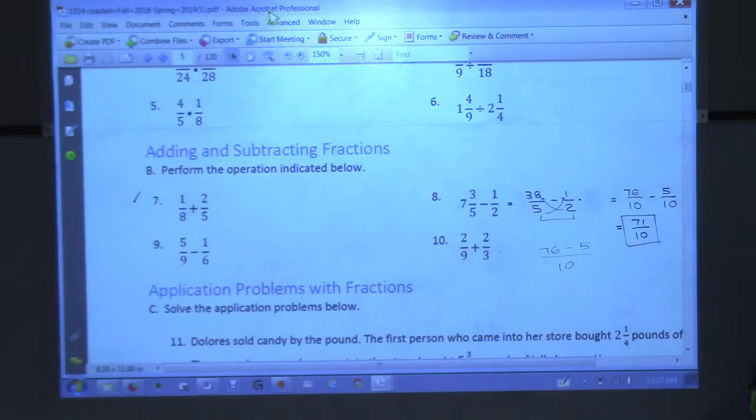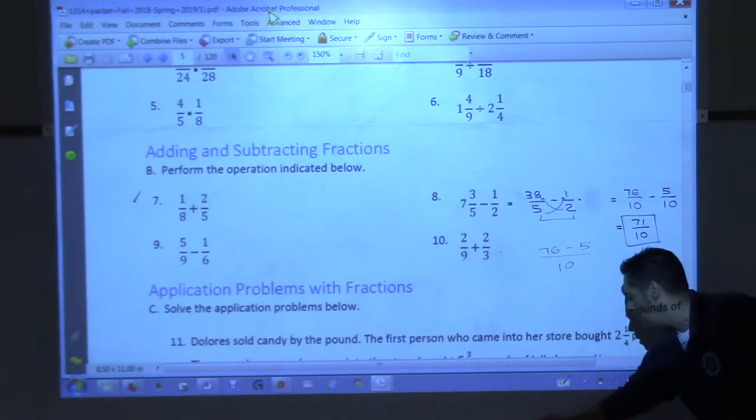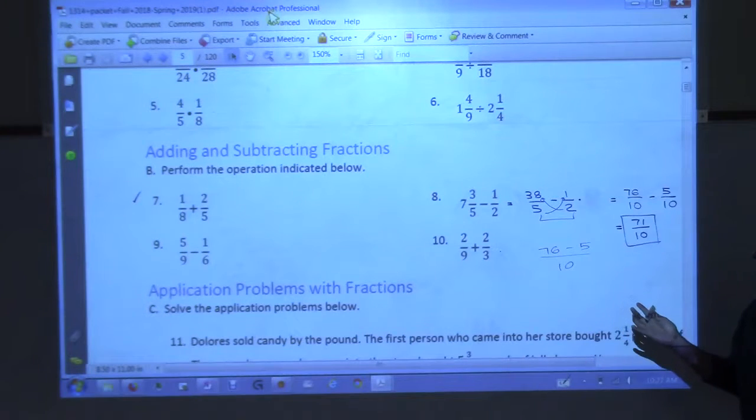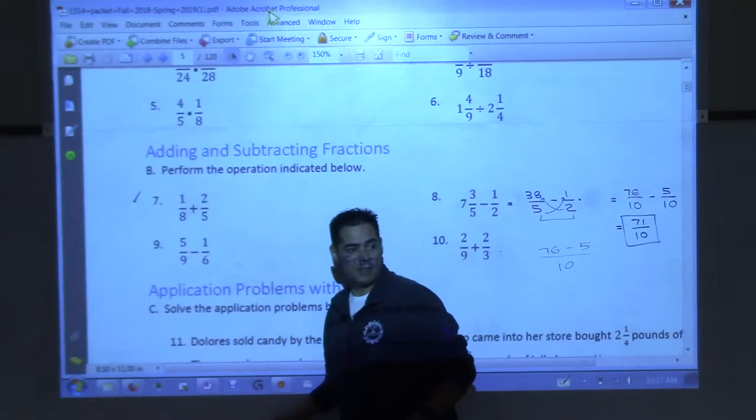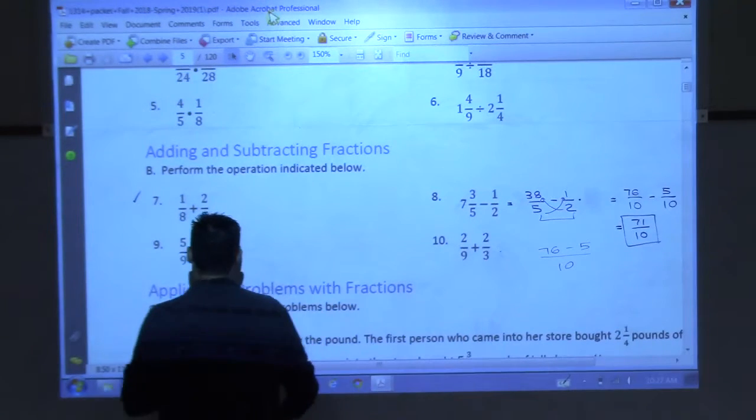Okay. Let's try the shortcut on number 9. And actually, who's going to do it? Tatiana? Okay, Tatiana. Are you okay doing the shortcut on this one? Yep. Okay, so what would we get here?